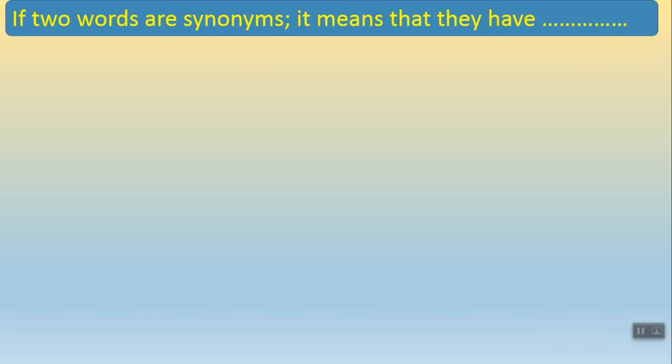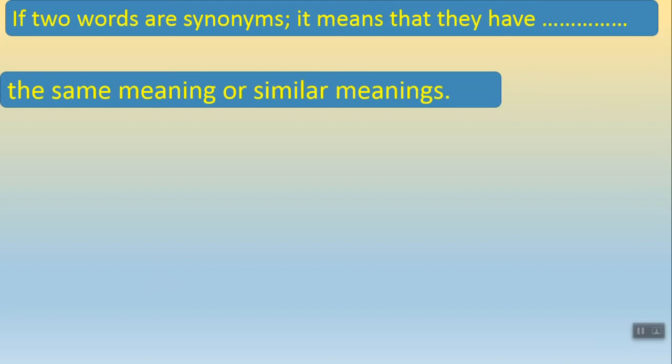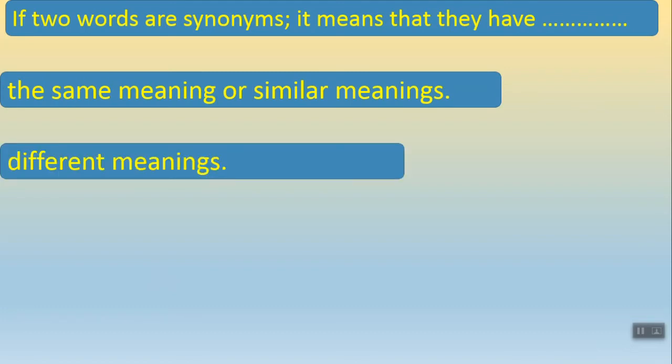Now, if two words are synonyms, it means that they have the same meaning or similar meanings or different meanings? According to the video and to the first sentences, I ordered a little pizza and the dog was below the chair.